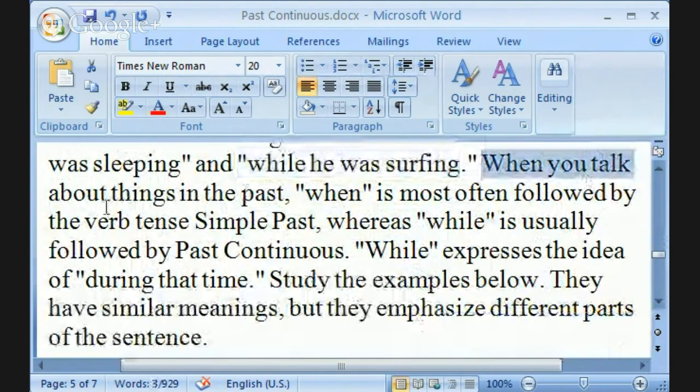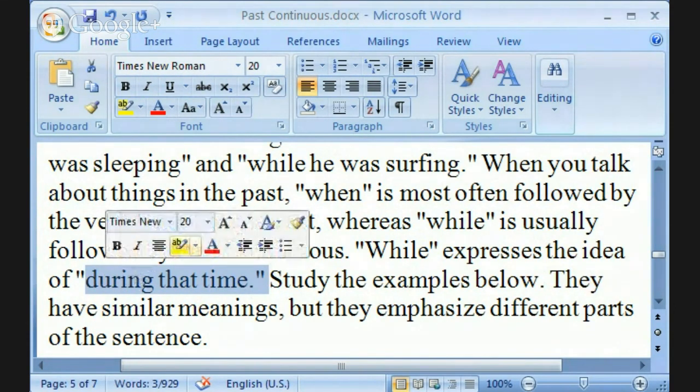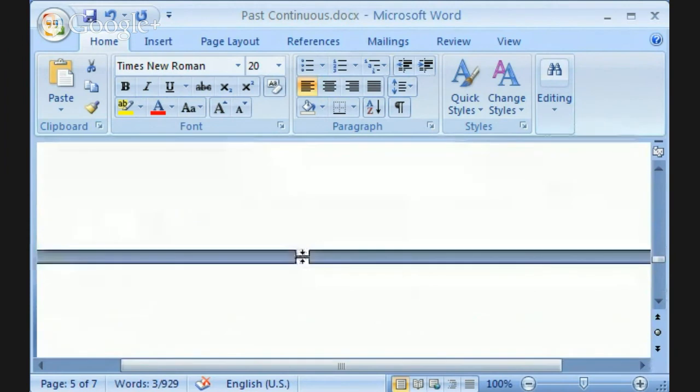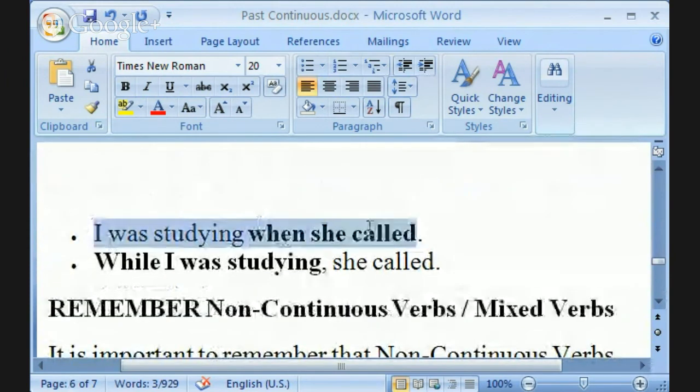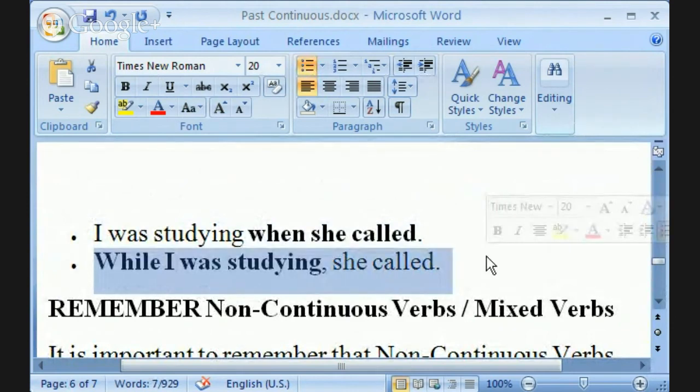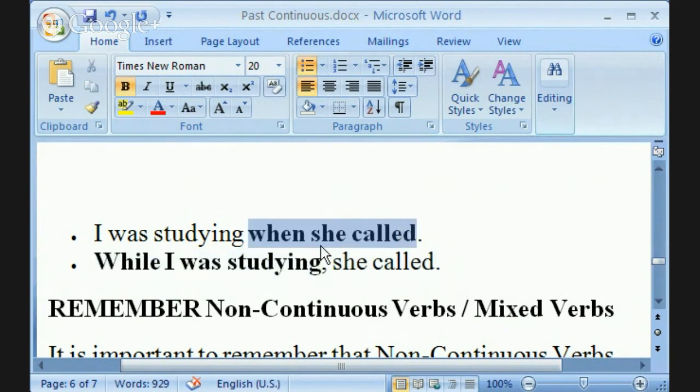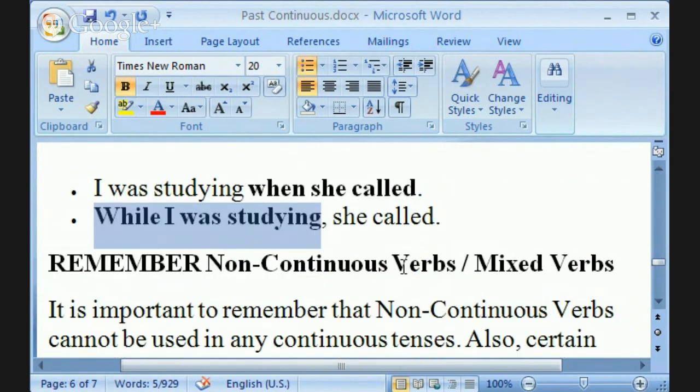Okay, when you talk about things in the past, when is most often used followed by simple past, and while usually is followed by past continuous, because while expresses the idea, while itself the word means during that time. So I was studying when she called. While I was studying, she called. All right, that's it. Just remember that we use when for the simple past and while for the past continuous.